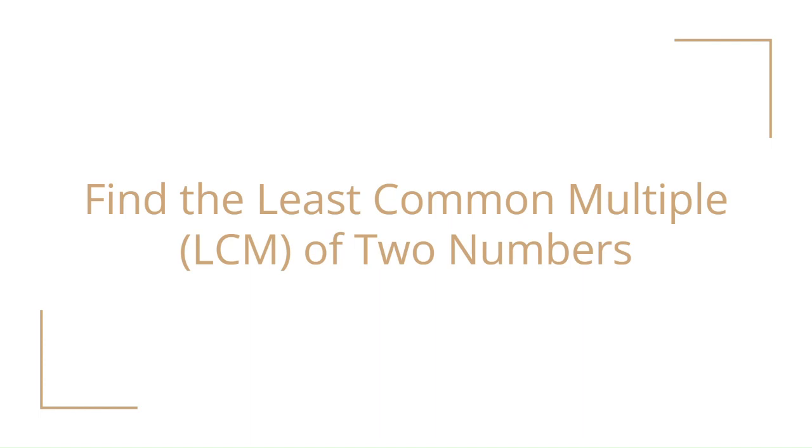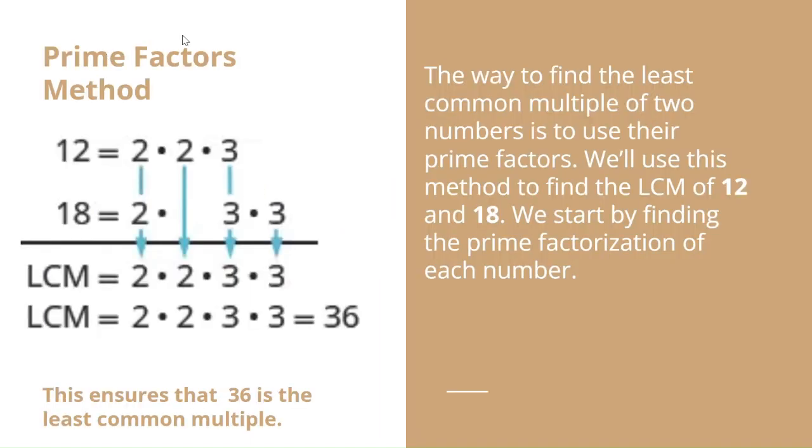Next, find the LCM of two numbers. We can use the prime factor method. The way to find the common multiple of two numbers is to use their prime factors. We will use this method to find the LCM of 12 and 18. We start by finding the prime factorization of each number. 12 equals 2 times 2 times 3, and 18 equals 2 times 3 times 3.